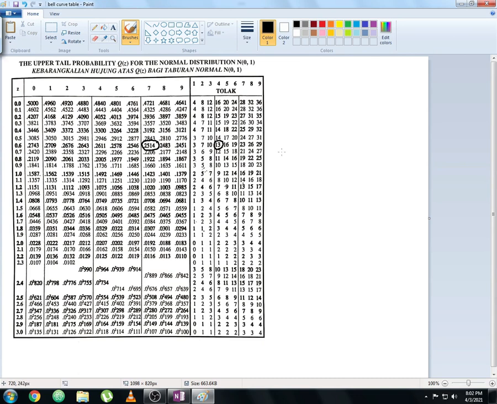From the Z table, you should get your relevant z value equal to 0.674. So we're going to use this value in the calculation. Back to our working now.